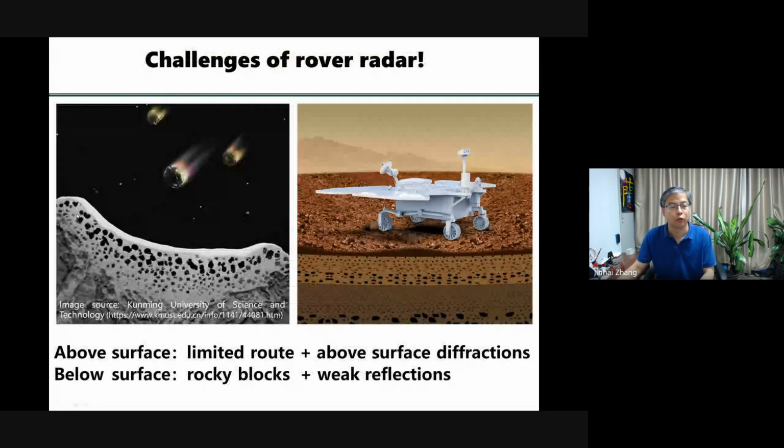We know that for the moon, Mars or any planet, because they experienced a very long history of impacting, there is strong heterogeneity in the subsurface, especially vacuum cavities. Vacuum cavities are not so serious for radar exploration.